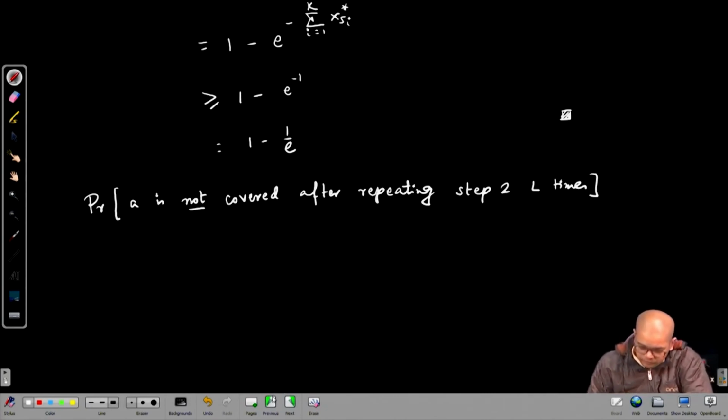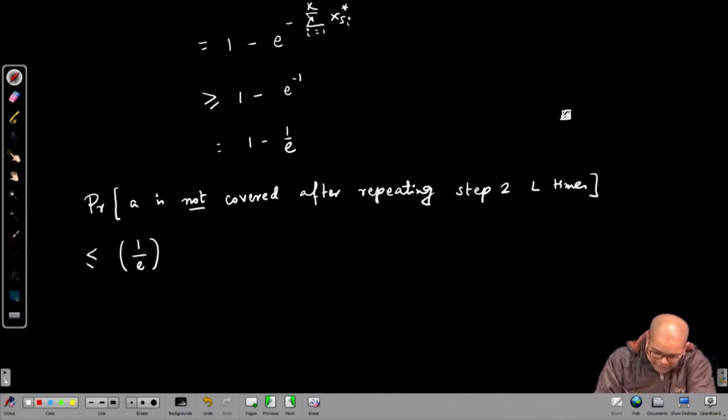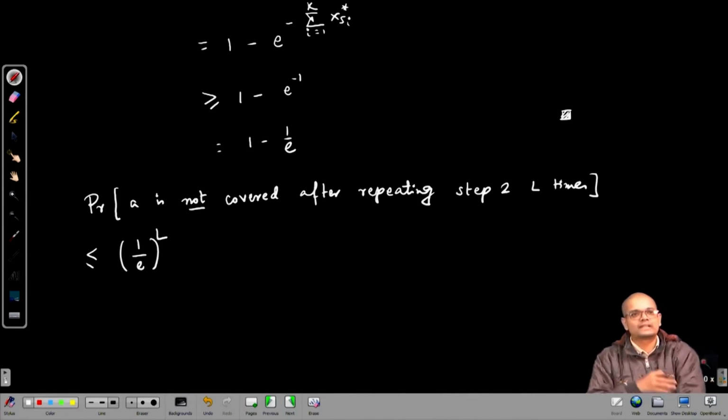The probability that A is covered is at least 1 minus 1 by e. So the probability that element A is not covered in one run of step 2 is at most 1 by e, and each run is independent. So the probability that A is not covered is at most 1 by e to the power L. It means 1 by e times 1 by e, L times, every time it is not covered.